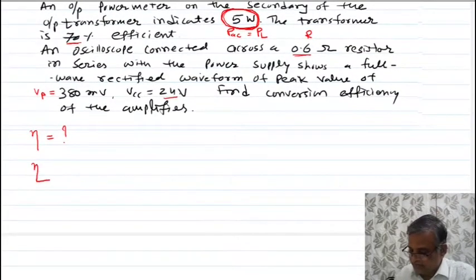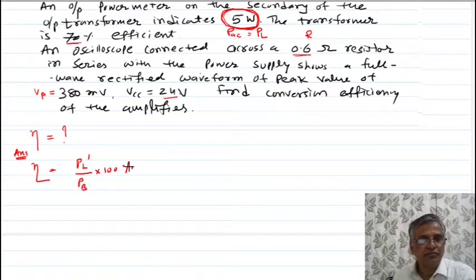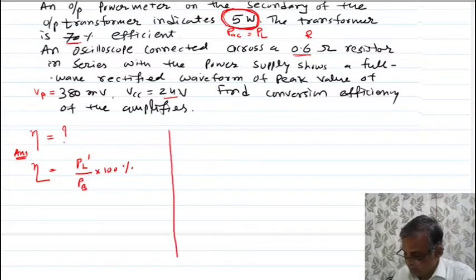You know, efficiency is nothing but the AC power PL dash delivered to the load upon PB, into 100. I have to find PL dash upon PB. So let us write what is PL dash and what is PB. The transformer is 70% efficient.